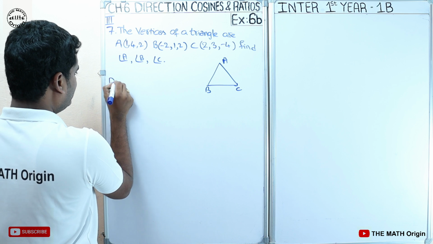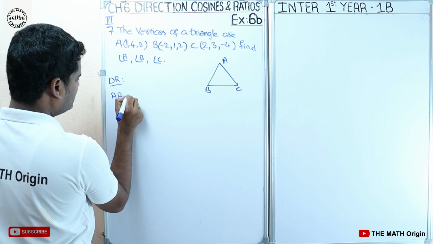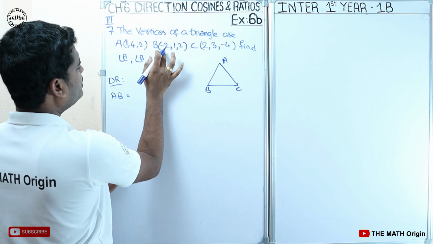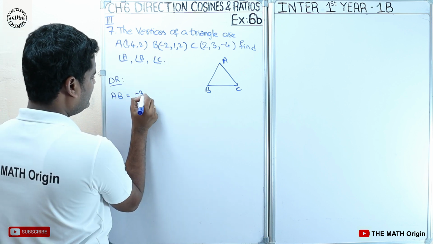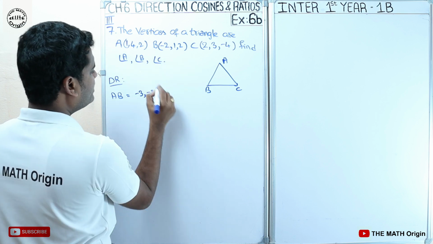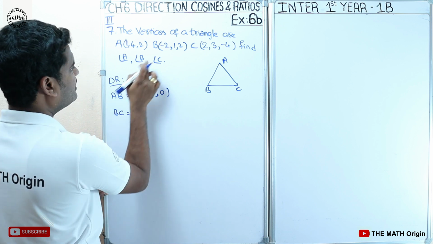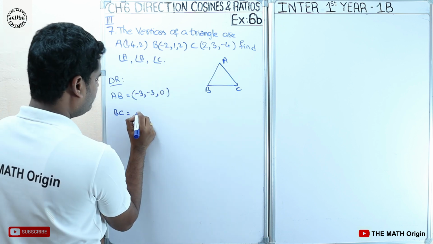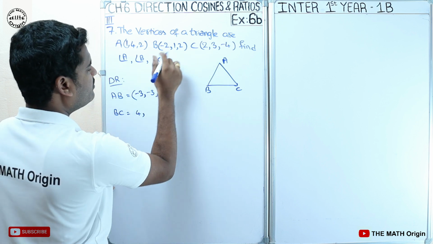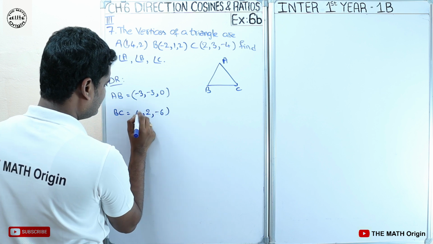Okay, direction ratios. First, let's find out the direction ratios of AB. Direction ratio of AB equals minus 2 minus 1 is minus 3, 1 minus 4 is minus 3, 2 minus 2 is 0. Next BC: 2 minus of minus 2 is 4, 3 minus 1 is 2, minus 4 minus 2 is minus 6.